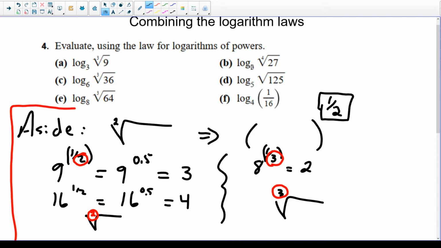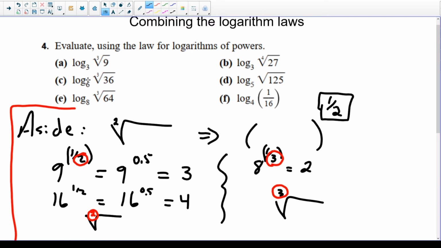We'd have 1/4 times log base 3 of 27. Well, 3 to the what equals 27? 3 to the 3 equals 27. So the answer to the logarithm without the root is just 3. And we've got 1/4 in front. So that's 3/4. I don't know if you were able to follow all of that, but we were just able to answer that question without writing anything down.